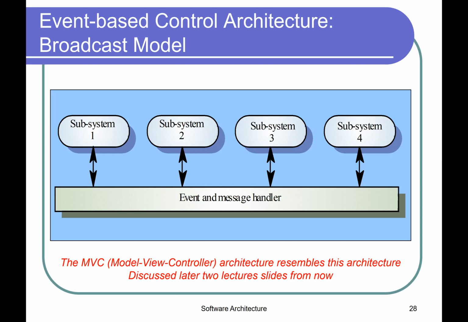Model means data, view is presentation, controller is function. And just a moment ago, I was talking about this when I was talking about the layered architecture as well, right? We'll see now how all of this tends to fit together. But again, MVC is a big concept to understand in software engineering.